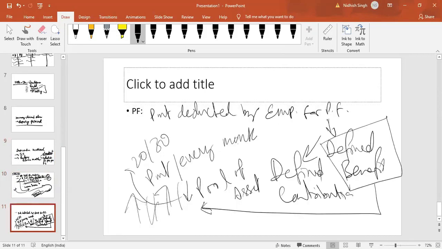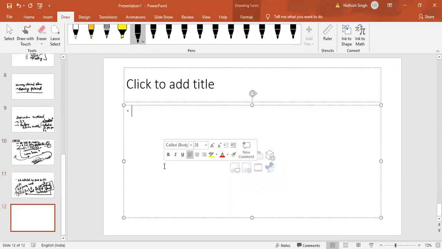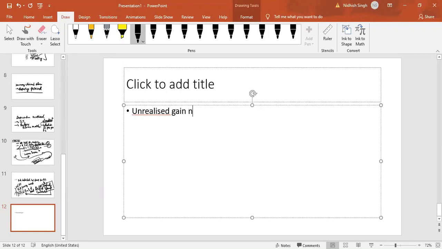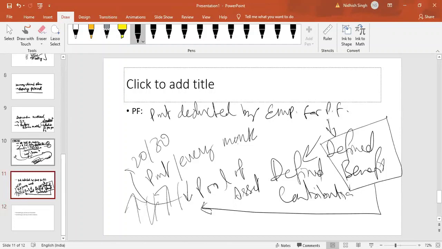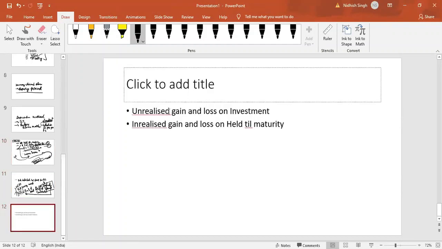Because if you have, say, two types of assets in the balance sheet, you need to have similar unrealized gain and loss. So you need to maintain the same kind of list of assets and disclosure in the balance sheet and P&L in order to be consistent.